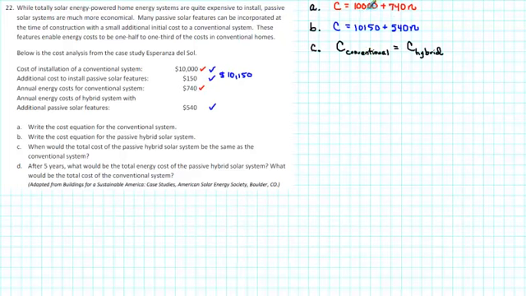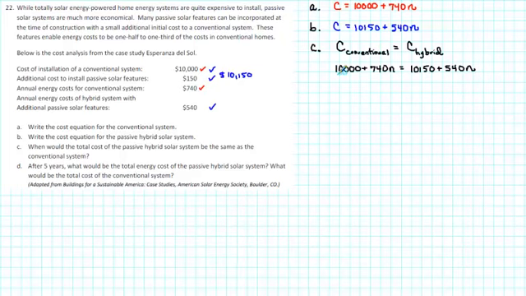The cost of the conventional system is 10,000 plus 740 N. And the cost of the hybrid system is 10,150 plus 540 N. We need to solve this equation for N to determine how long it will take for the two systems to have the same cost.